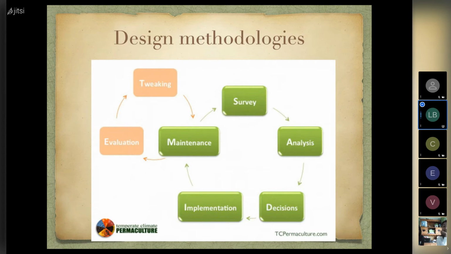You do the SADM part as one loop, and then the maintenance, evaluation, and tweaking is a constant loop that's always happening because you're always maintaining whatever the outcome of your design is. You're always evaluating if it's working well. You're always making adjustments or tweaking. So I think this is kind of like the simplest methodology you could use, but also doesn't quite bring in all of those cool permaculture principles into it.